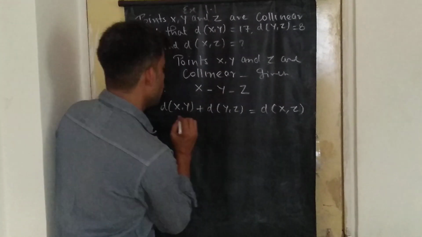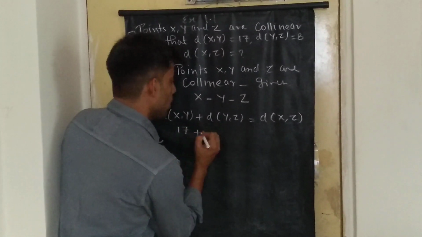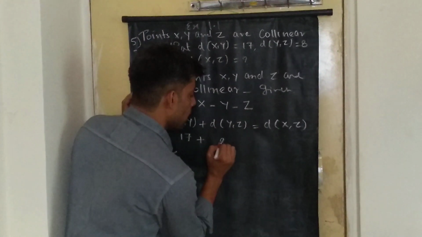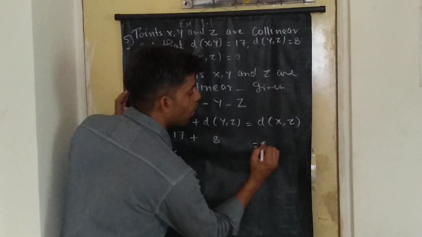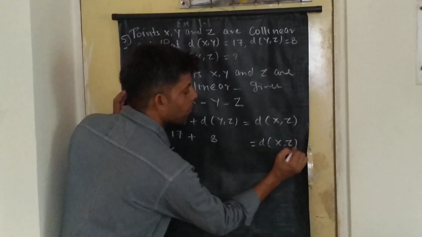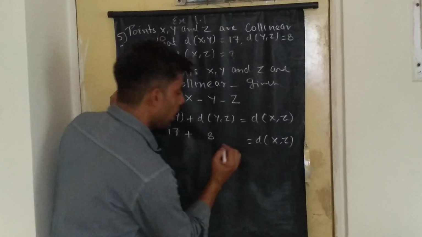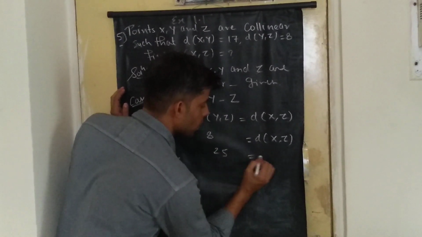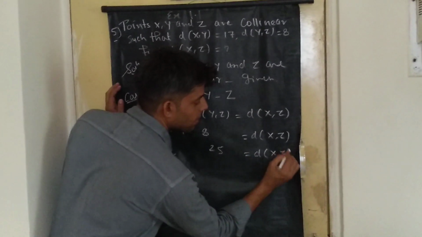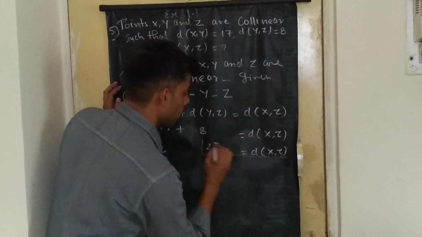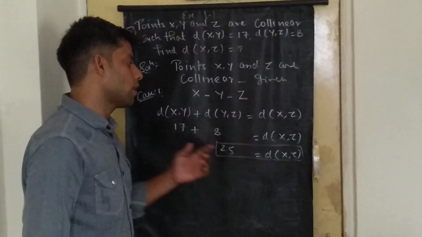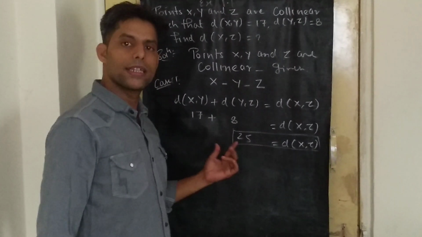Distance of xy you can see it is 17, distance of yz it is 8, and now we can find out distance of xz. 17 plus 8 will give you 25. So distance of xz is 25. This is what we have got, distance of xz with case 1.